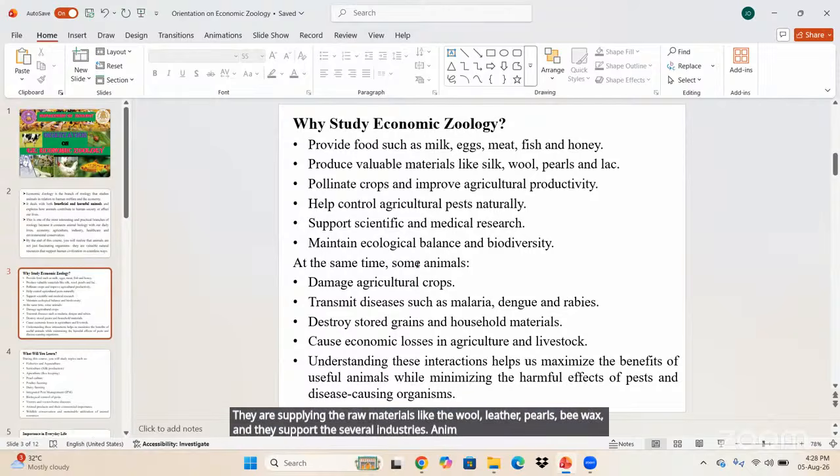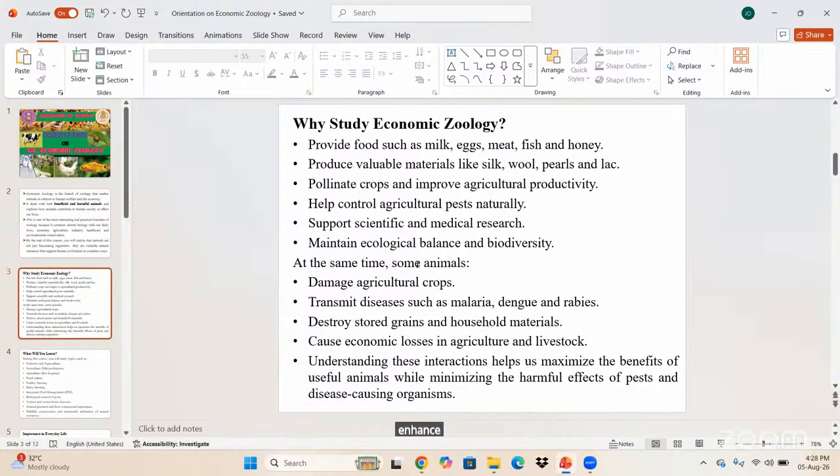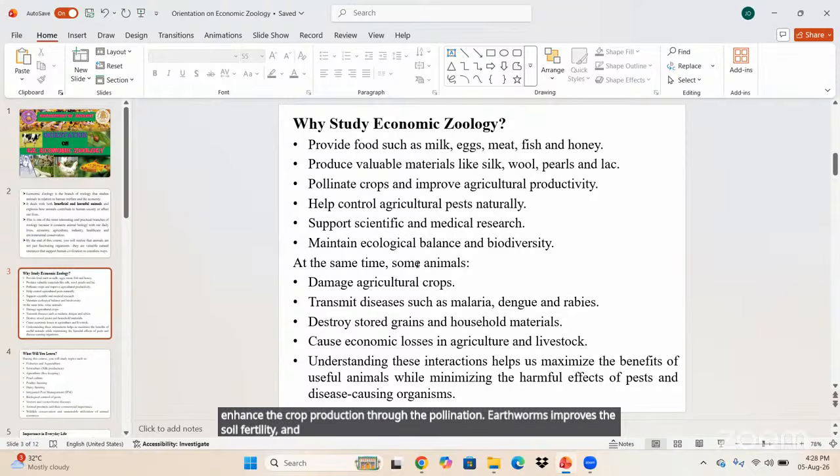Animals are also indispensable in the agricultural field. Honeybees enhance crop production through pollination, earthworms improve soil fertility, and natural predators help control agricultural pests.